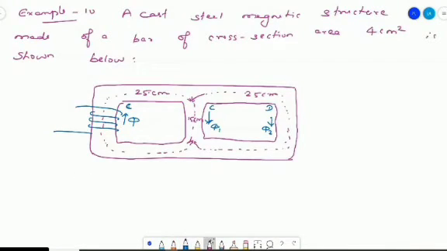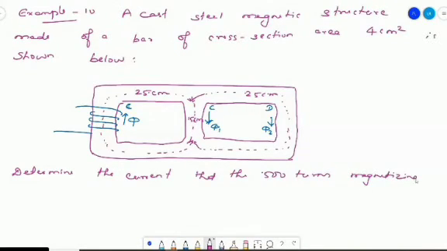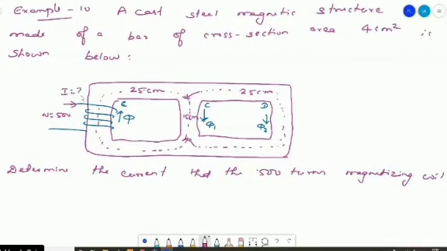So the question has to be continued. Determine the current that the 500 turns magnetizing coil. So this coil has 500 turns, and again here the current has to be determined.